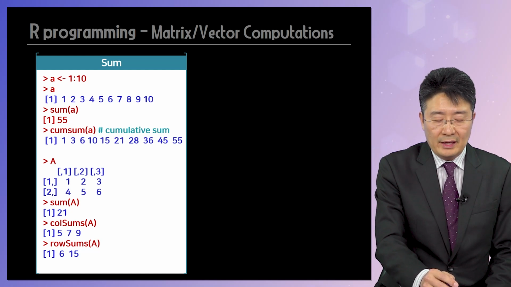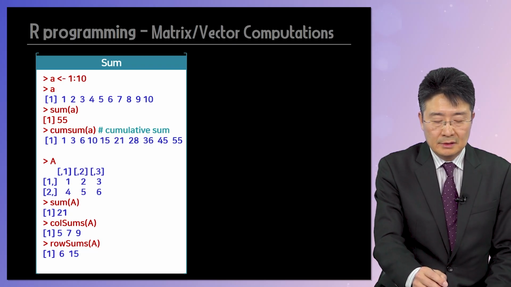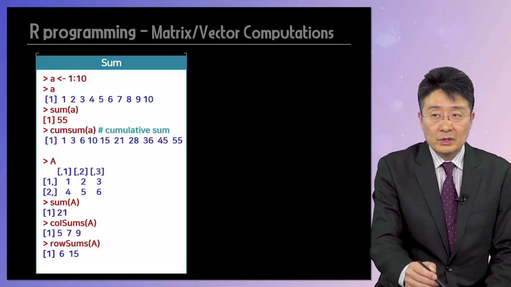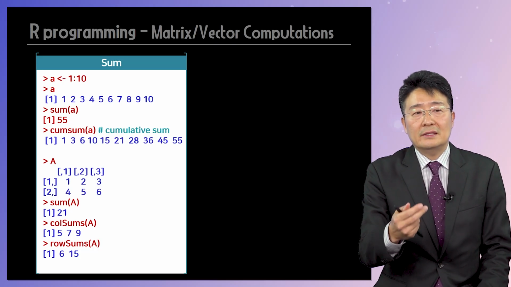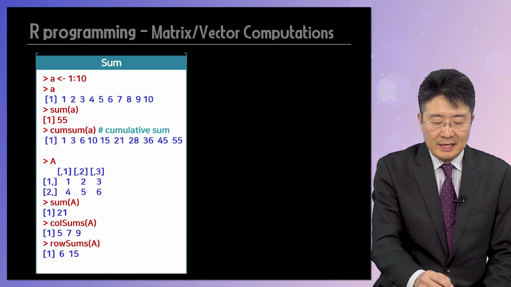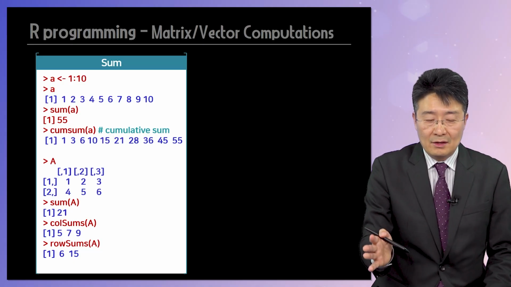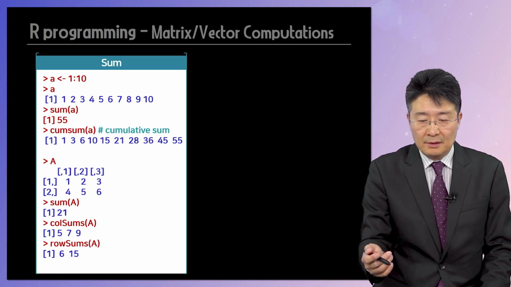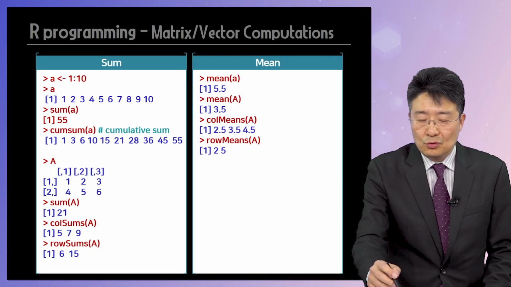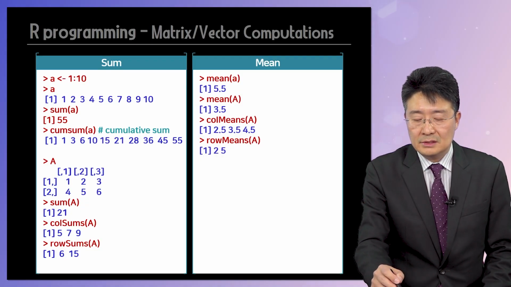Also, we can calculate column sums, column by column, and we can get row sums, row by row. You can use the mean function in here: column means, row means.